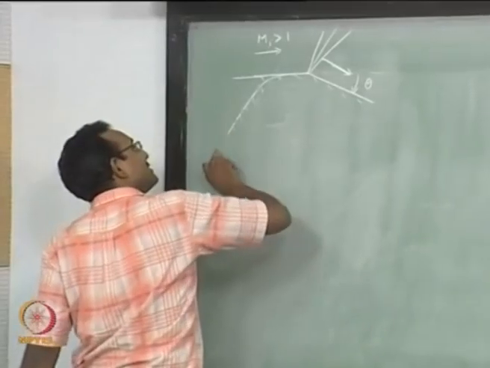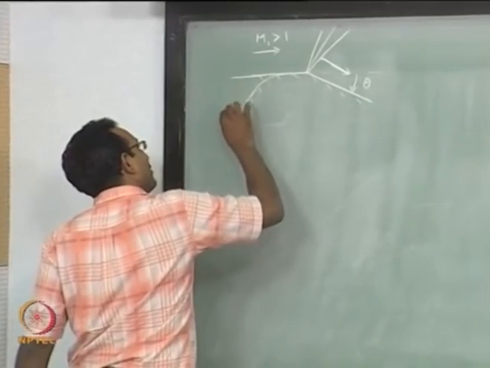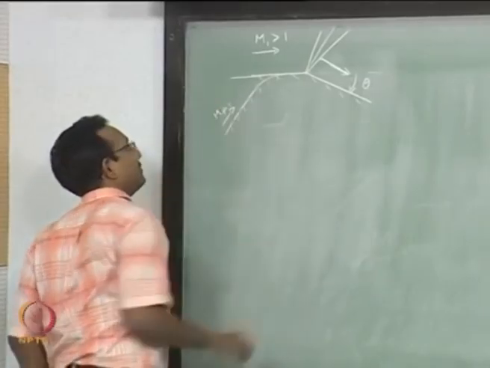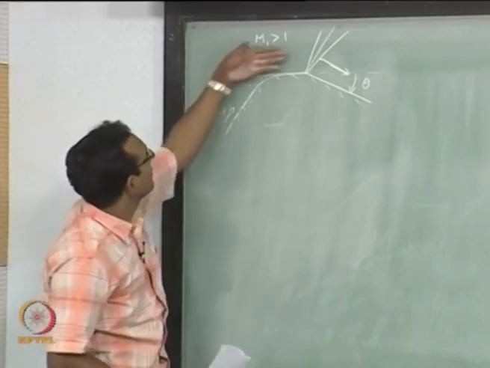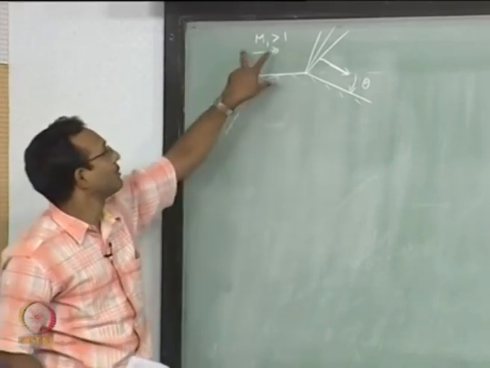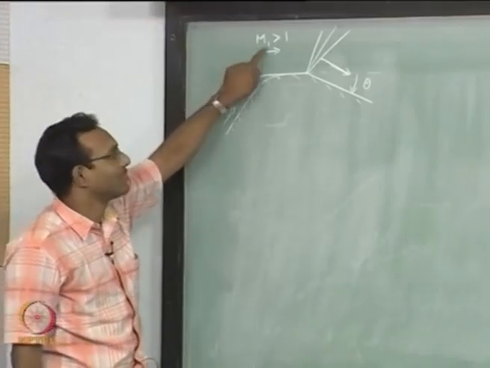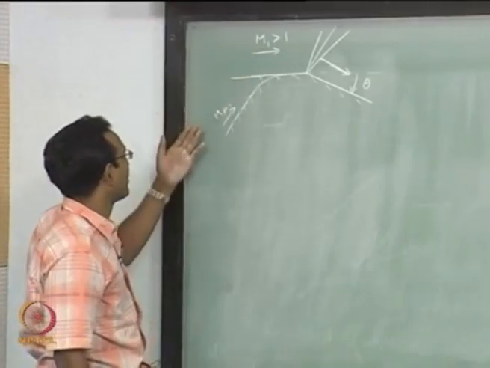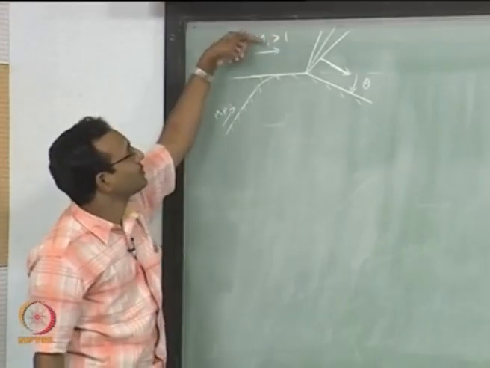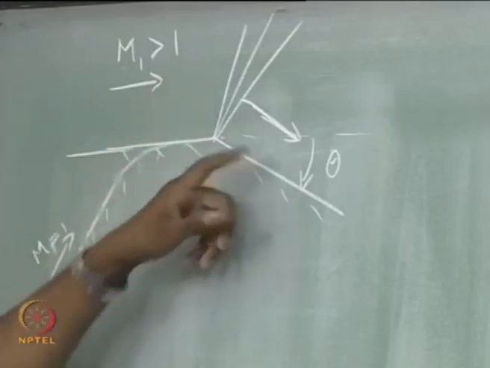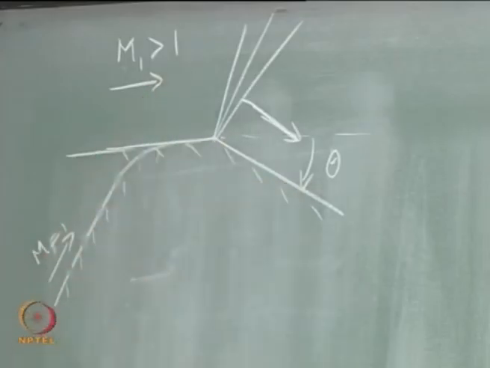I am going to imagine this wall starting from m equal to 1, going to a case where it is becoming m1 equal to that particular value. Let us say it is 1.5, 1.4, whatever number. I am starting from m equal to 1 and it is turning to go to that particular value, and after that it is again turning at this point to go to this value.